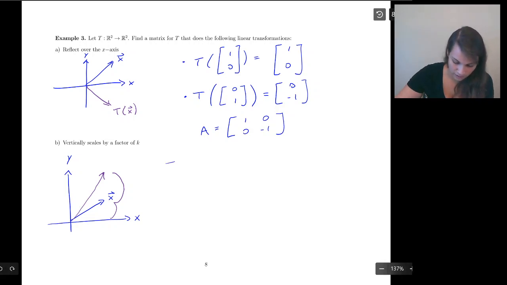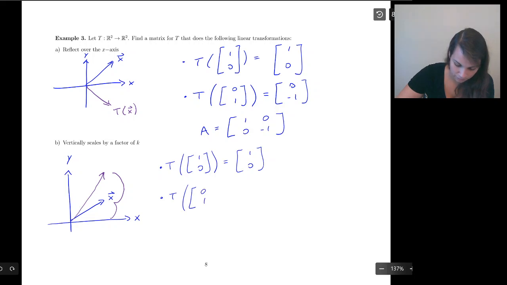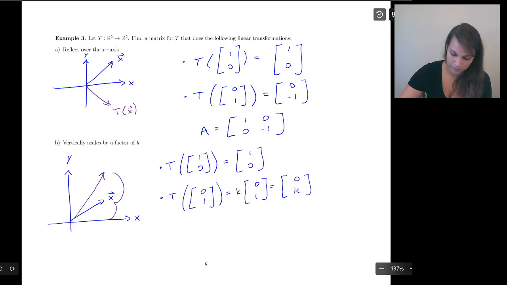So then how do we decide on what A is? We take the x component and we say what happens? Nothing. It stays the same. We take the y component. And what do we say happens to it? It gets multiplied by k. And then remember, we can distribute that to each component in a vector, so it's really just 0, k. So that means A will be 1, 0, 0, k.